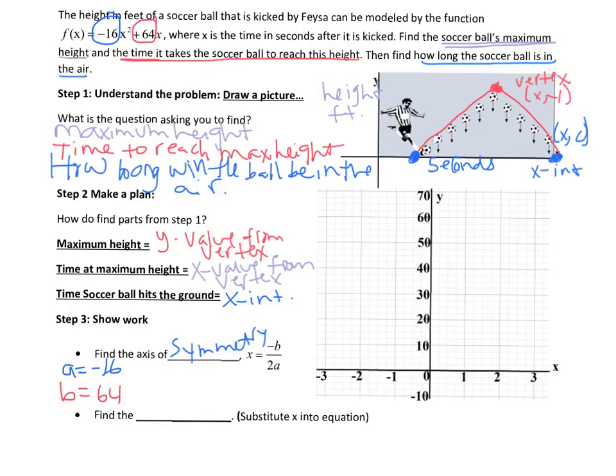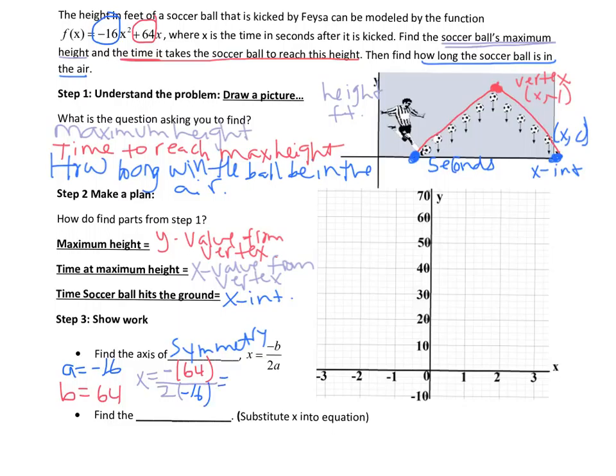So we have x is equal to negative b, and the b is positive 64, over 2 times a, and a is negative 16.